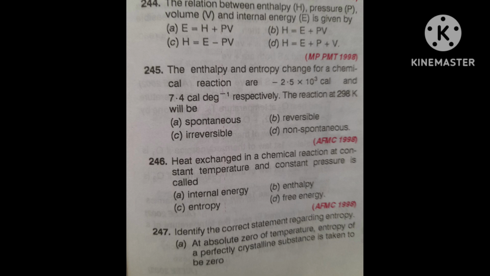Again, the enthalpy and entropy change for a chemical reaction are minus 2.5 into 10 to the power 3 calorie and 7.4 calories per degree respectively.